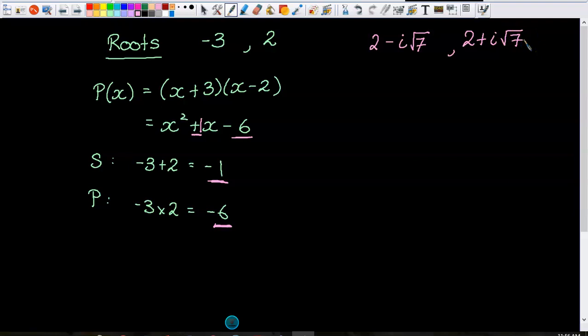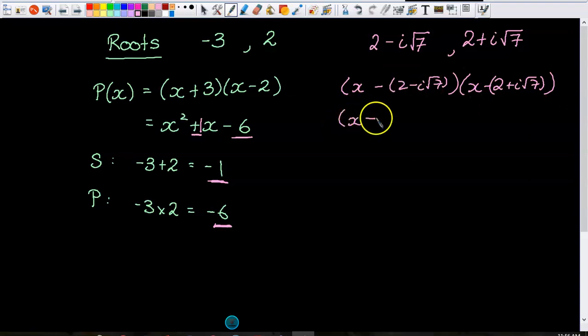I think Dan and I were chatting the other day, and one of the questions in here says put it as a linear factor. I hate that. I would not go x minus 2 take i root 7, and then x take 2 plus i root 7. I have to do it like that so I don't mess up my negative bits. I guess I could go straight to it, but I choose not to.